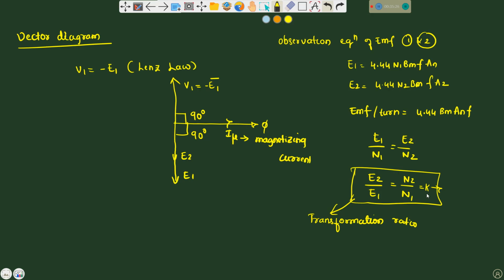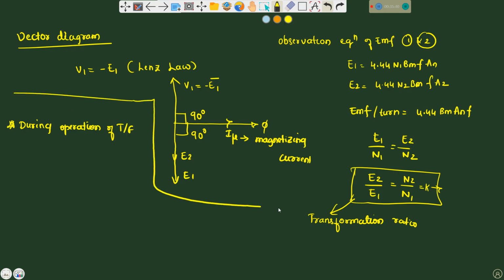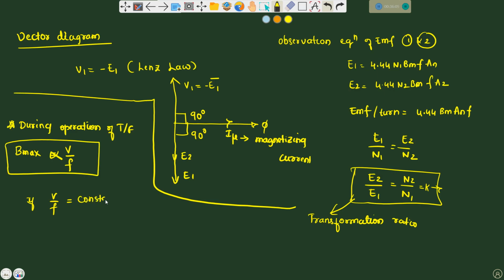So during operation of the transformer, the maximum flux density in the core is proportional to V by F. Maximum flux density, that is B max, is proportional to V by F. If V by F is constant, then maximum flux density is constant. Remember this key point.